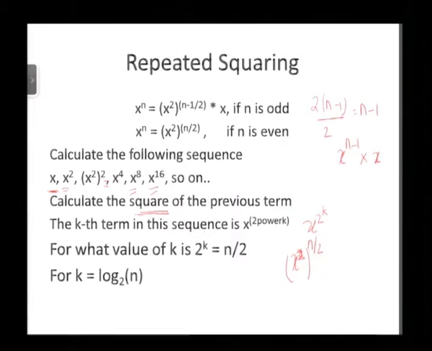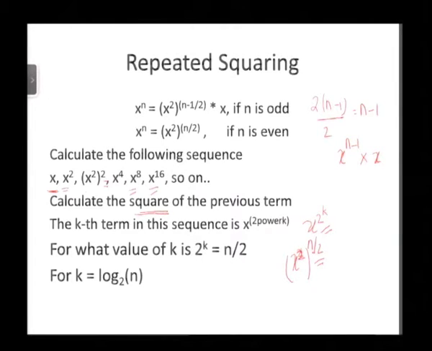So, what we do is we perform this operation of repeated squaring of the value computed in the previous iteration till 2 power k and n by 2 are one and the same, at which point of time, starting from x square, we would have computed x square to the power of n by 2.